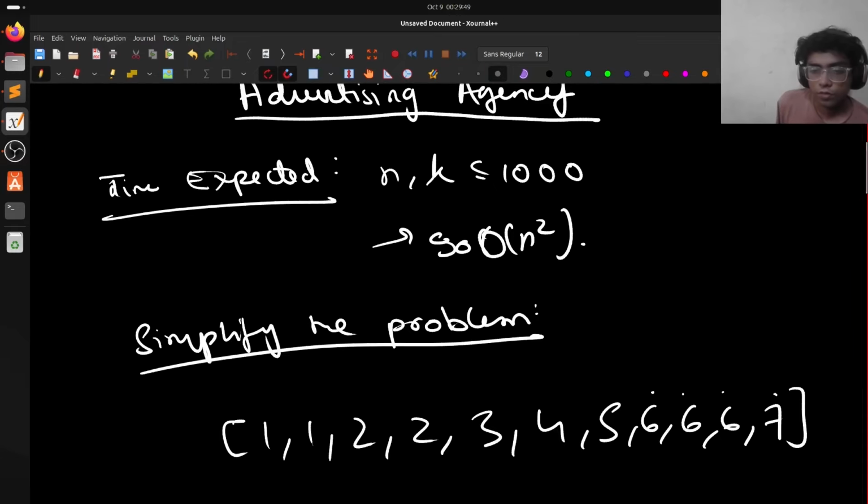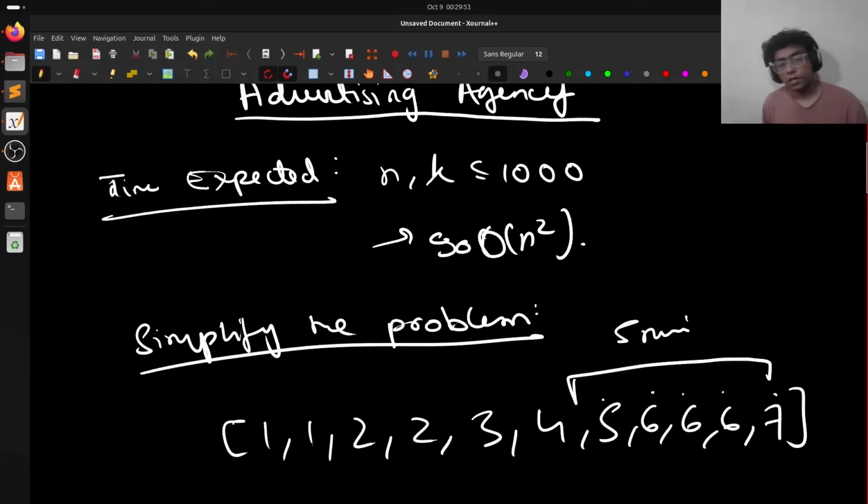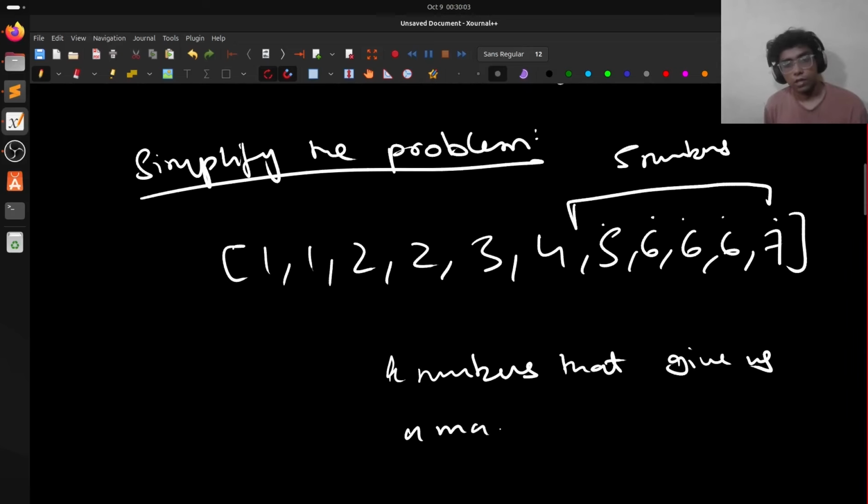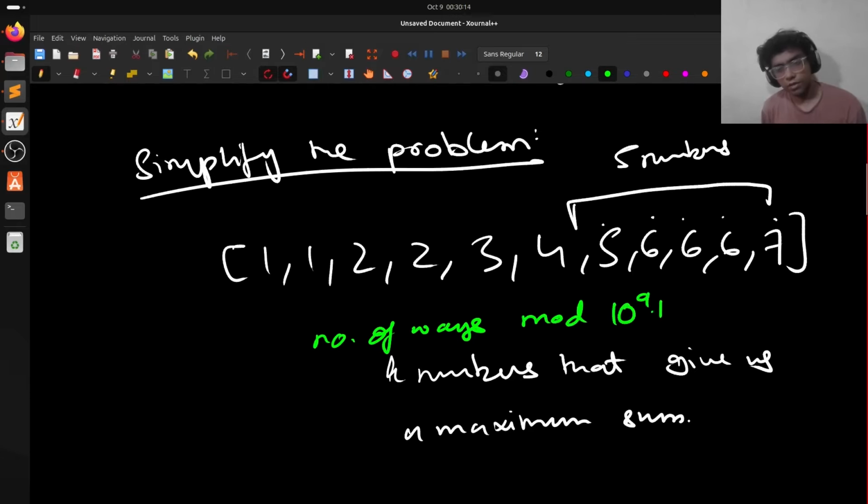We need to choose the 5 numbers that give us a maximum sum. So k numbers that give us a maximum sum, right? That's basically we need to find the number of ways, mod 10 power 9 plus 7.